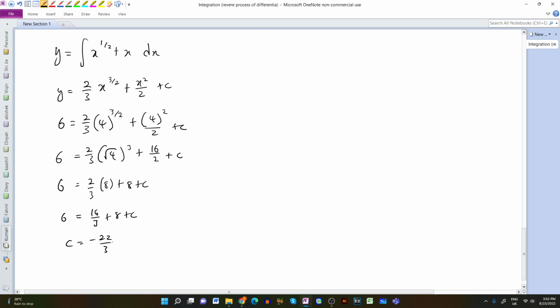How do you get the square root of 4? Can you understand this? From here to here. 4 to the power 1/2 is what?